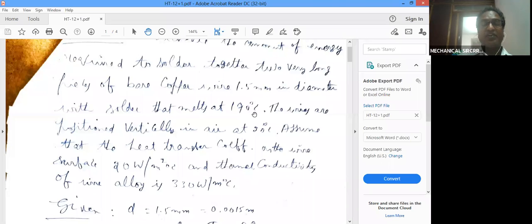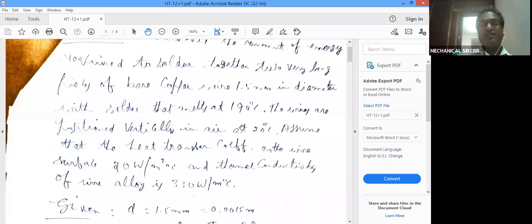Because you are keeping the wires like this, top wire and bottom wire, at the center you maintain the soldering temperature of 190 degrees centigrade. That's why you can take it as the base temperature, because you are starting from the center, melting or soldering at 190 degrees centigrade. So this is the base of the pin, this is the length of the pin, and this is the base of the pin.